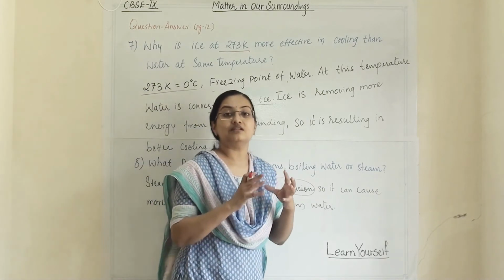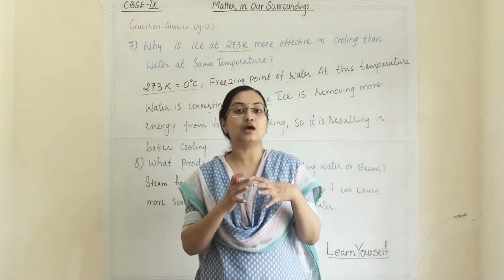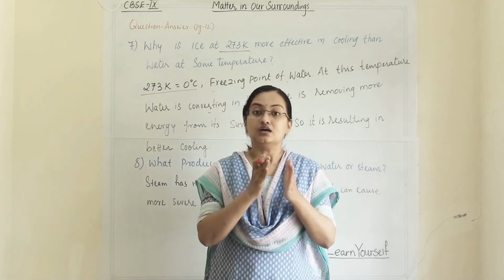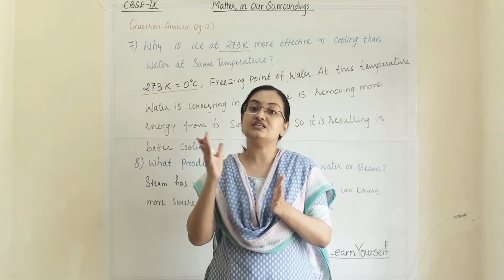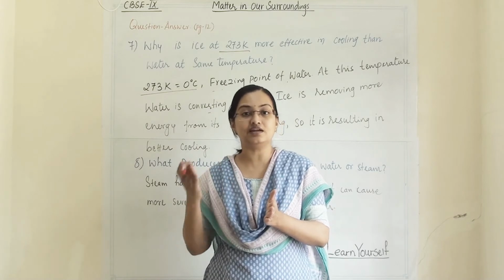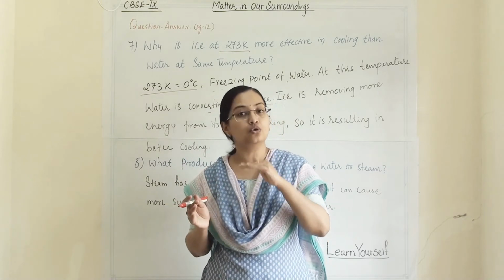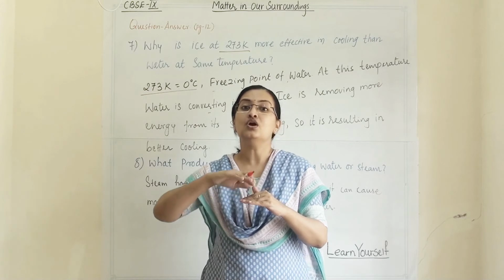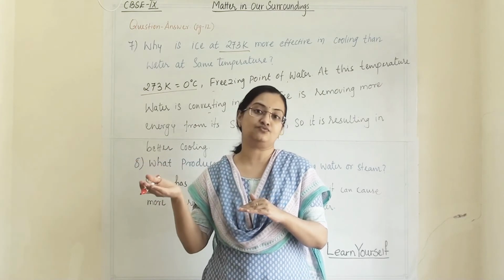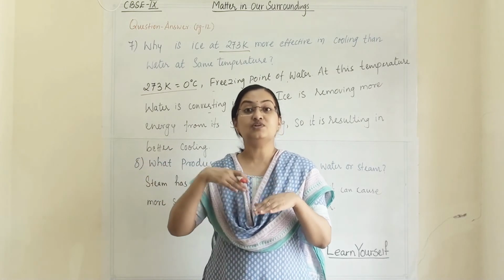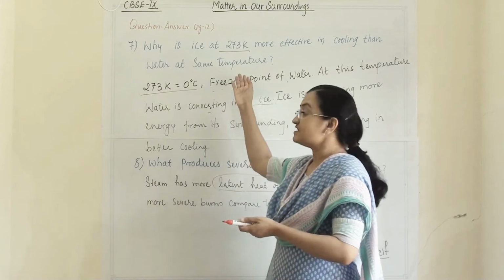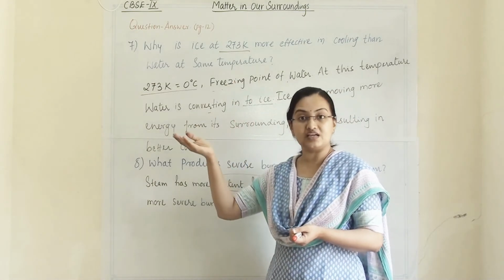So whenever at a certain temperature we have to compare two states, wherever it is in the transition phase, the latter phase has always a lower temperature compared to what has already been transferred. So what has already been transferred, like ice, will give a more cooling effect.